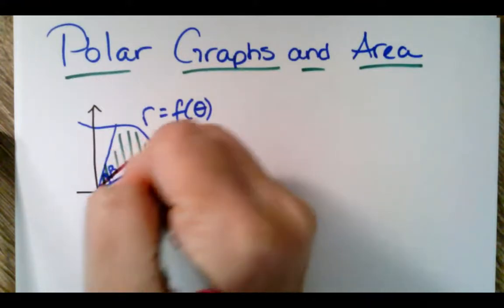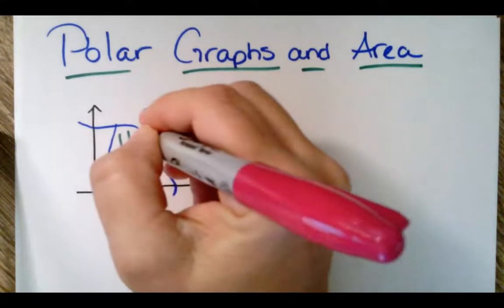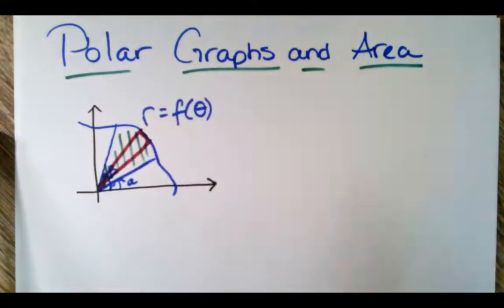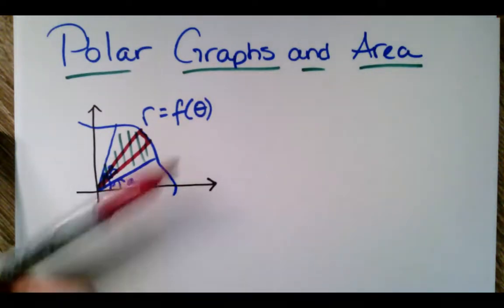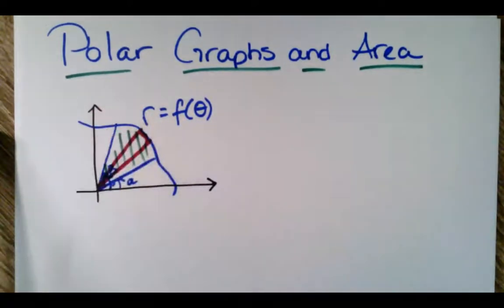I'm going to draw in one sector here. Hopefully you can imagine if that was infinitely small and we had infinitely many of them, starting at alpha and going to beta, they would fill in that area. We could sum them all up and find the area of this region.